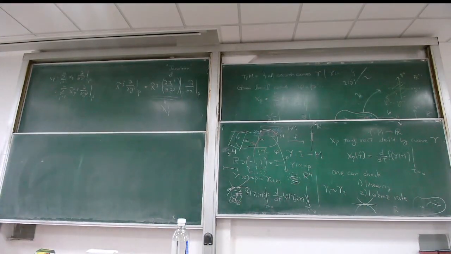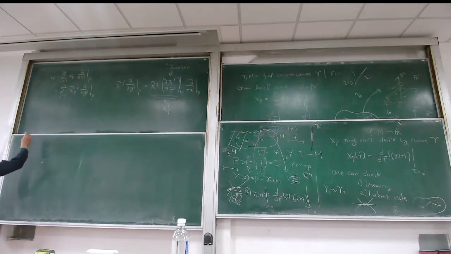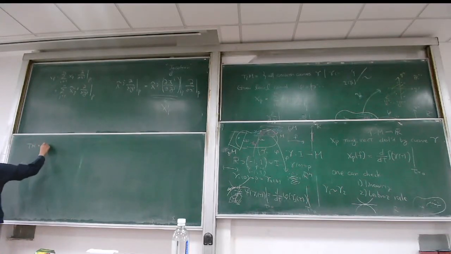I mean, you consider all the tangent spaces together over the manifold. So this is the union of the tangent spaces over P.